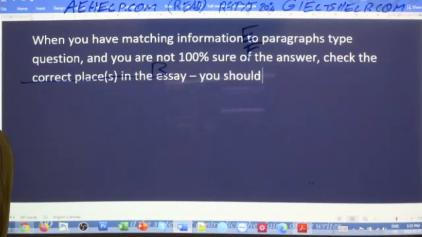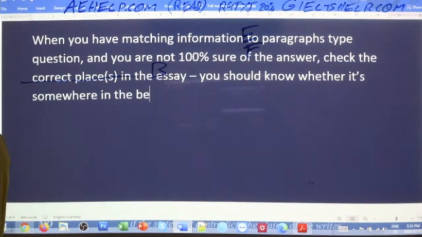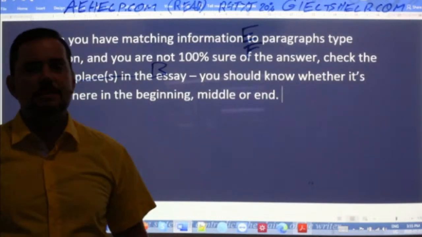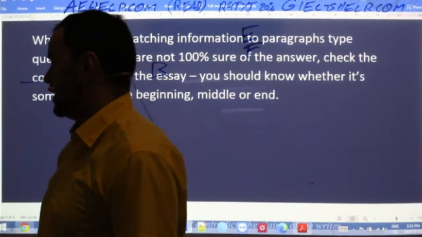Meaning you should know whether it's somewhere in the beginning, middle, or end. So you should know if it's the first 2 paragraphs, the middle 3 paragraphs, or the last 3 paragraphs.